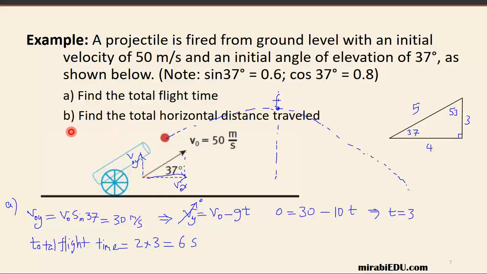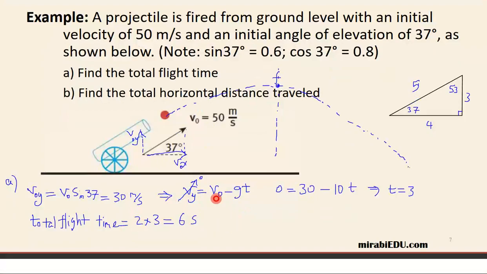Now, part B says find the total horizontal distance traveled. What is the Vx? Can I say V0x is equal to Vx, because there is nothing to change the velocity in the x direction, and it will remain constant?